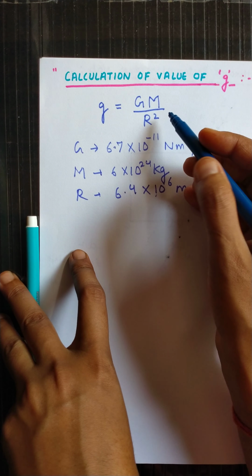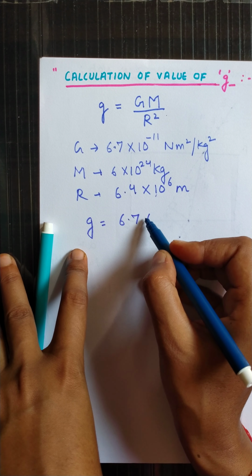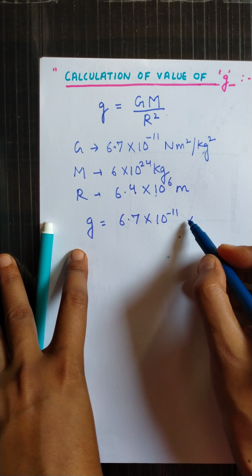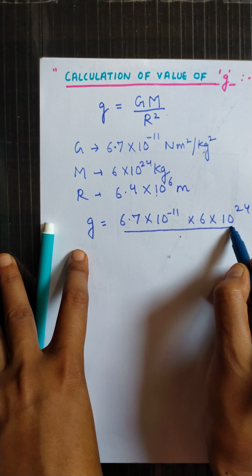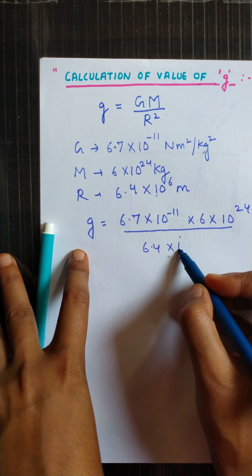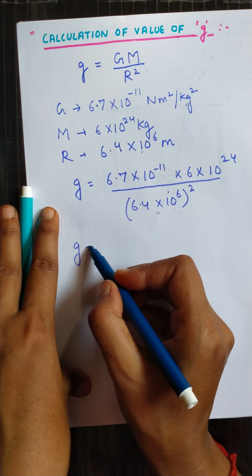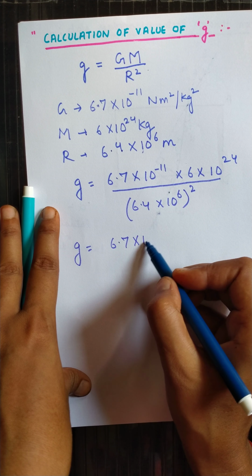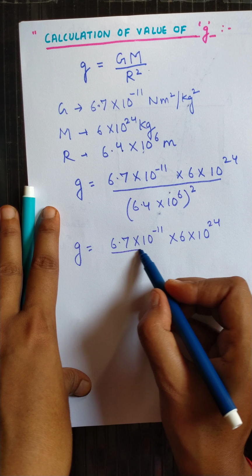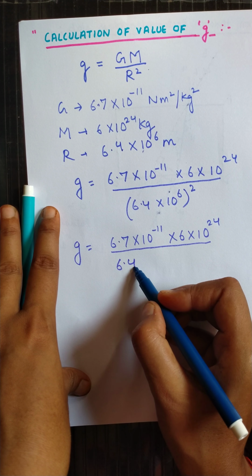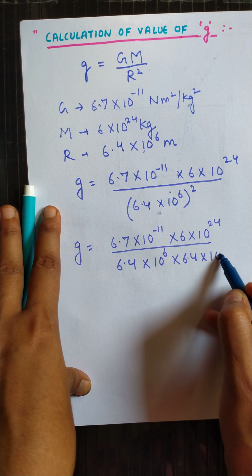So we will put all these values in this equation. Then small g is equal to 6.7 into 10 raised to minus 11 into 6 into 10 to the power 24 upon 6.4 into 10 to the power 6 whole square. That is, 6.4 into 10 to the power 6 into 6.4 into 10 to the power 6.